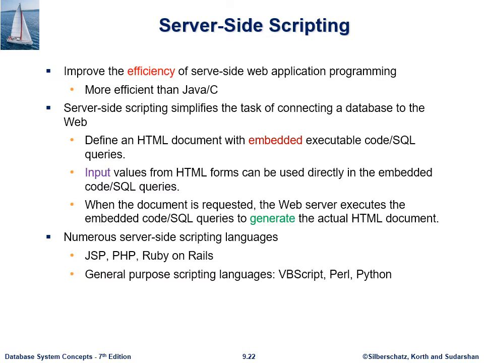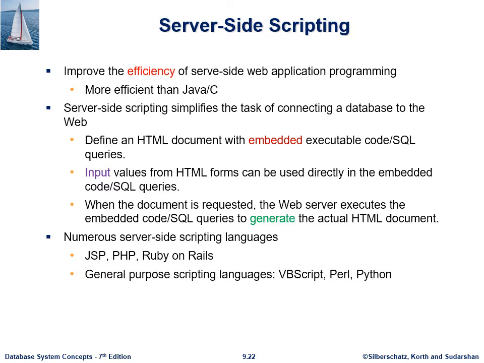This request will arrive at the website, and the server side will process it. So we need to develop a web application to process this request. We can get that input very easily if we use a scripting language rather than a generic one like Java or C.